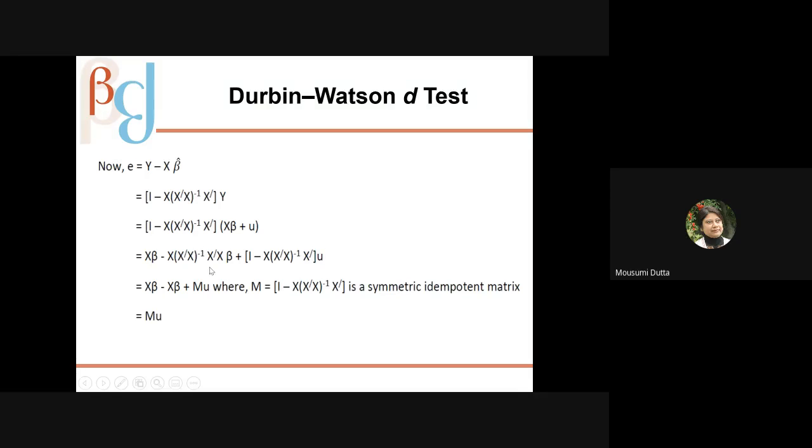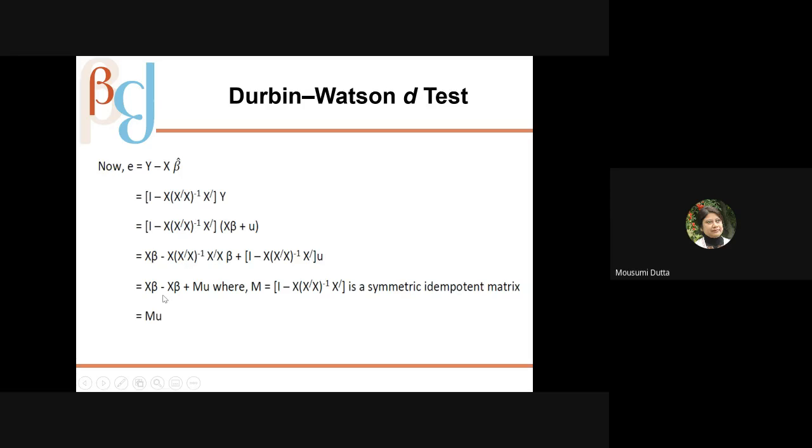This y, in the next step, I am replacing by x beta plus u. And then I am making this adjustment: I am multiplying the first two terms with x beta, so x beta minus x (x prime x) inverse x prime x beta, plus, multiplying this term with u, 1 minus x (x prime x) inverse x prime into u. From the first part, this (x prime x) inverse will be adjusted with this x prime x, so you are left with x beta.